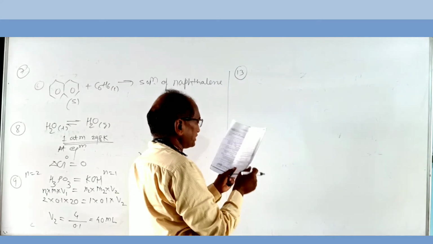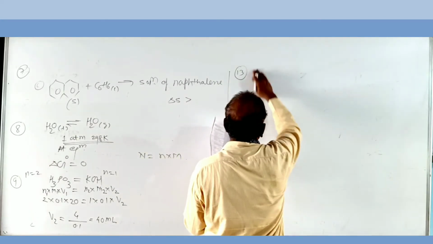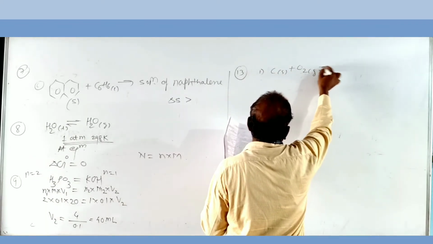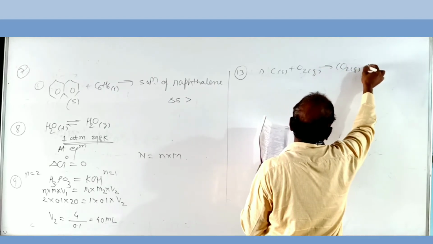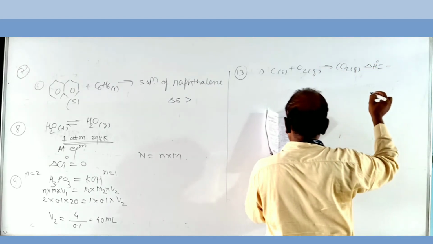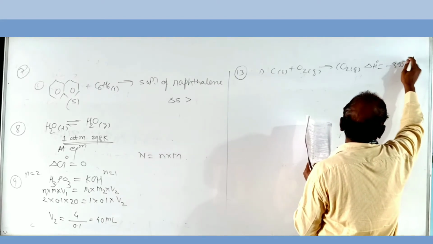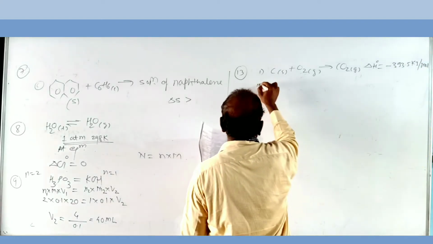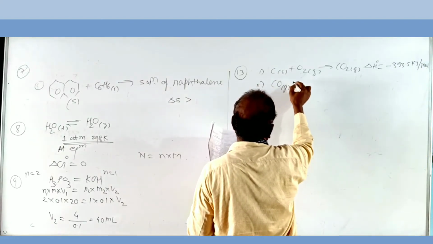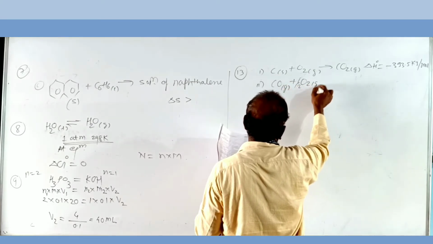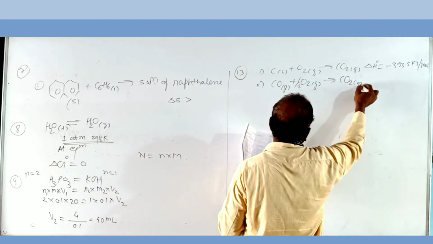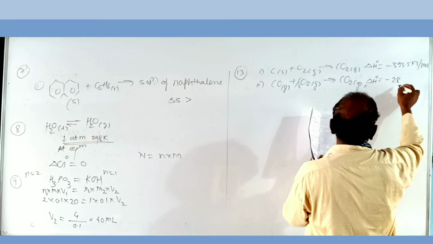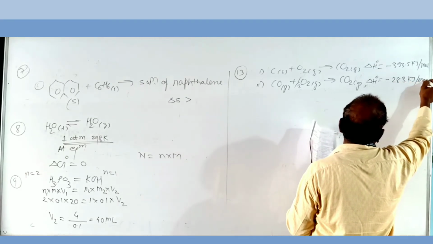The enthalpies of combustion of carbon and carbon monoxide. Combustion of carbon to form CO2 gas, delta H0 is equal to minus 393.5 kilojoule per mole. Second is combustion of carbon monoxide gas to form CO2 gas, delta H0 is equal to minus 283 kilojoule per mole.